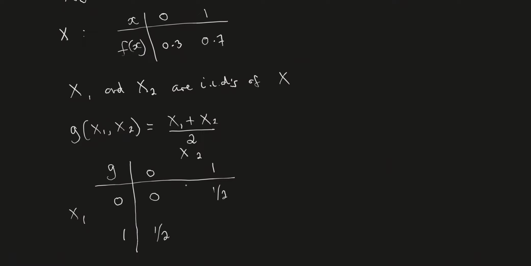And if they're both 1, then the average is 1. So with this really simple situation, we have two IIDs that follow this distribution, and here are all the possibilities. So we know the sample space. The sample space of G is this: we can only observe values of 0, 1/2, and 1.